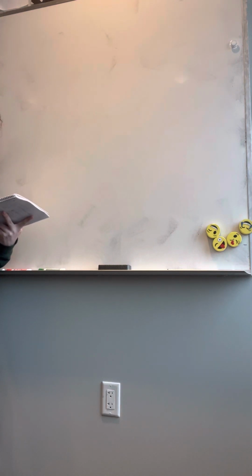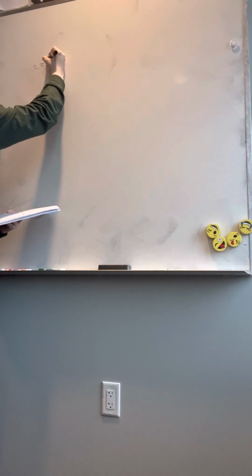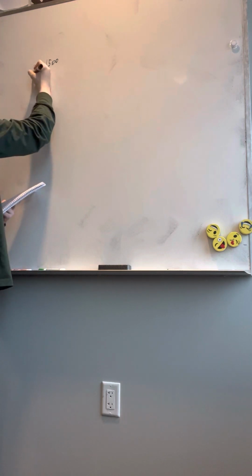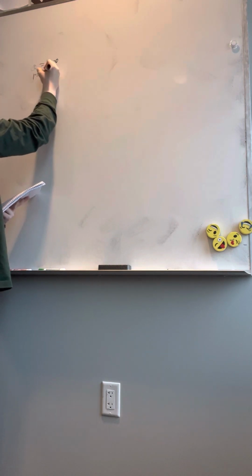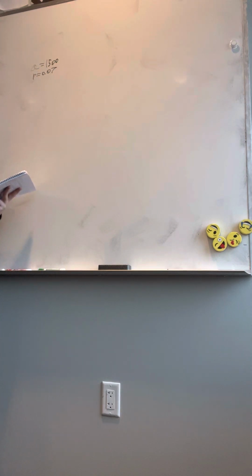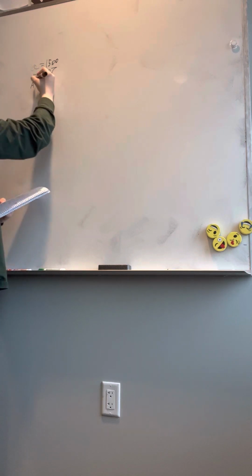So in this case, lowercase a would be equal to 15,000, and r, which is 7%, would be equal to 0.07, and capital A is 2,000.